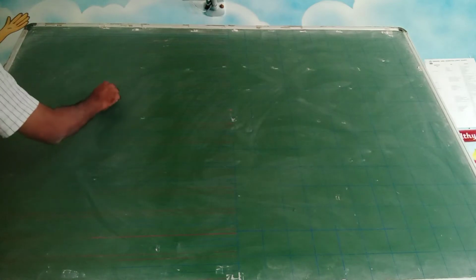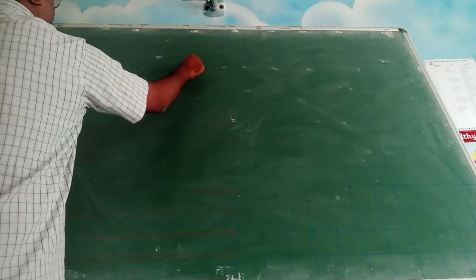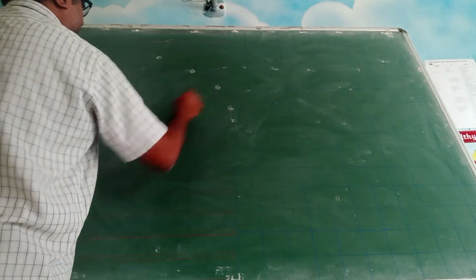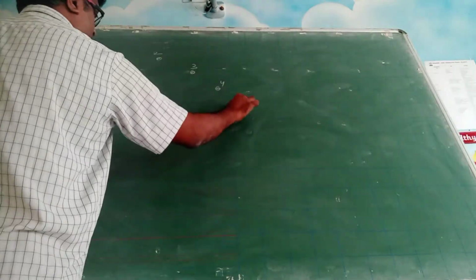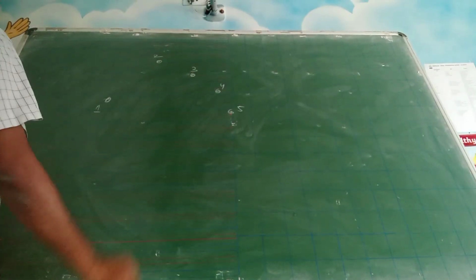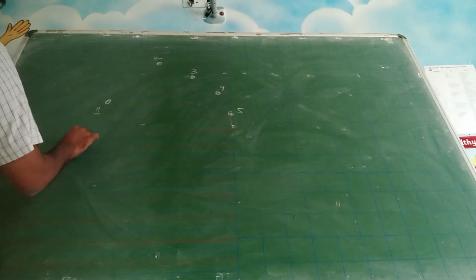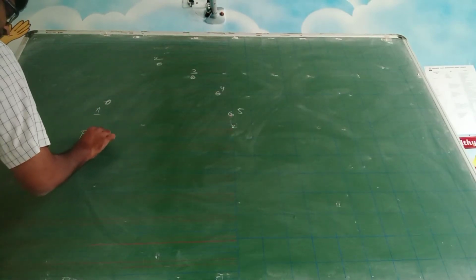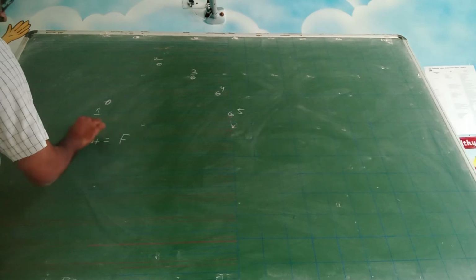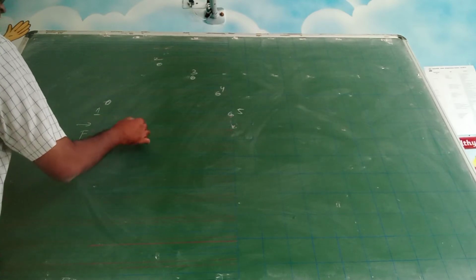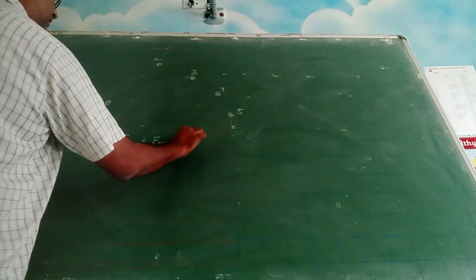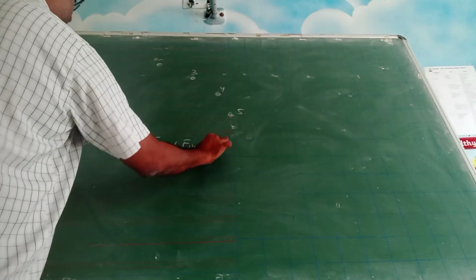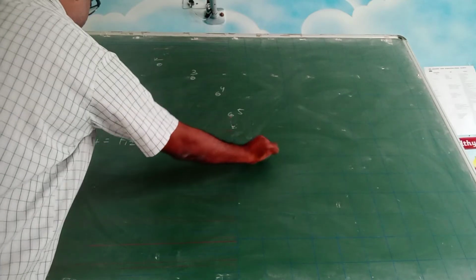See, suppose there are some masses like this. So this is mass 1, 2, 3, 4, 5. Alright. So the net gravitational force on 1, F1 net, is basically F12 plus F13, F14, F15 and so on.